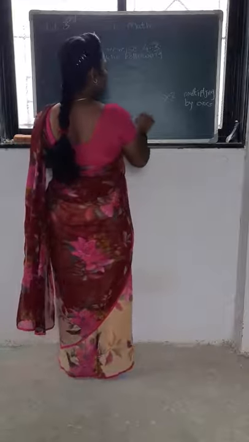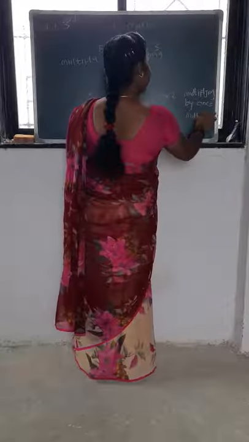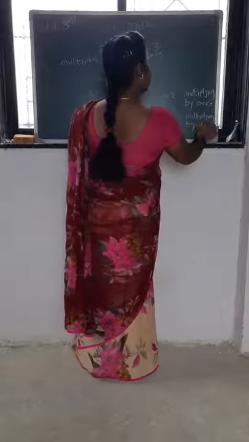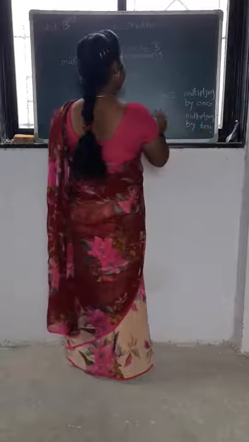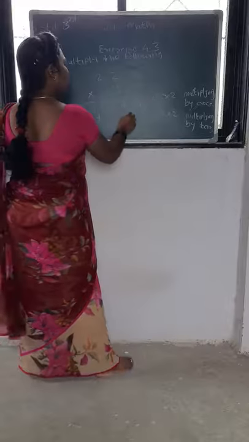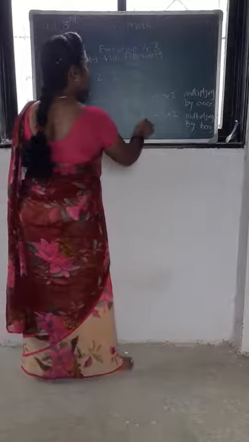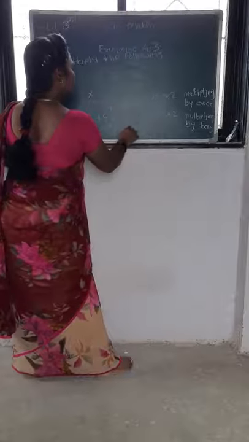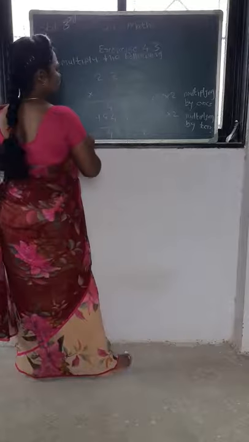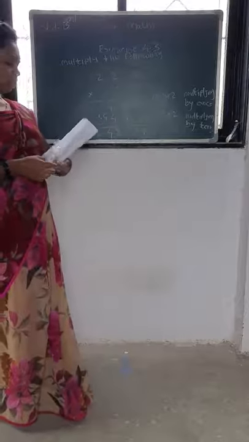Next, adding, multiplying by tens. Multiplying by 10, that is 2 multiplied by 2. 2 twos are 4, 2 twos are 4, 2 twos are 4, and 4 as it is, 4 plus 4 will be 8, 4 plus 4. 4884 is the given multiplication.